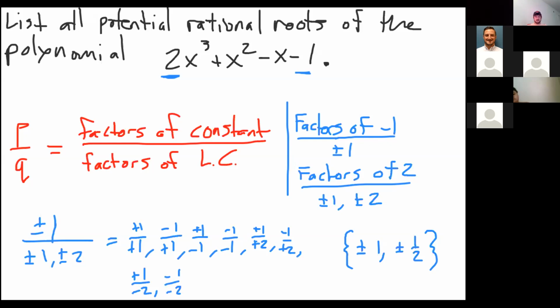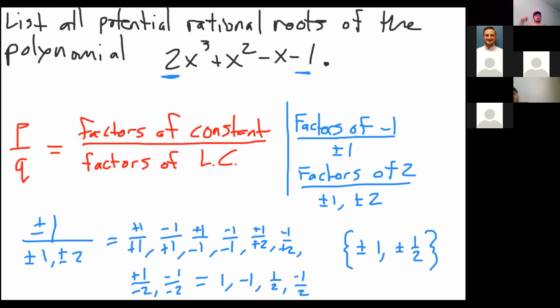If you simplify them down, you see that the list comes out to either a positive 1, a negative 1, a positive 1/2, or a negative 1/2.